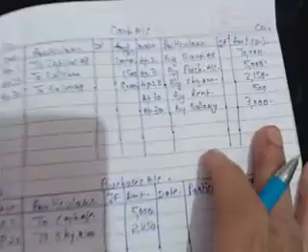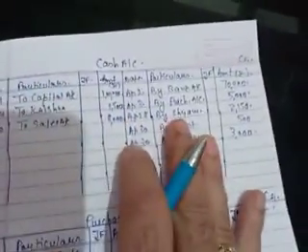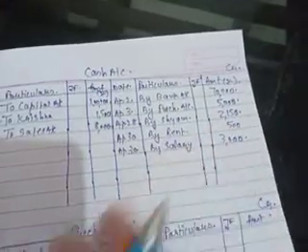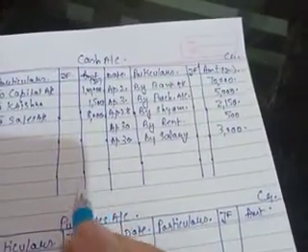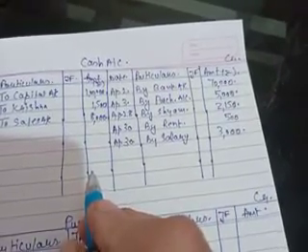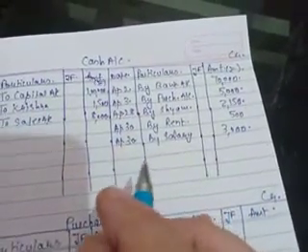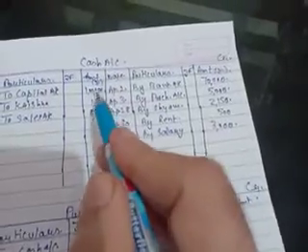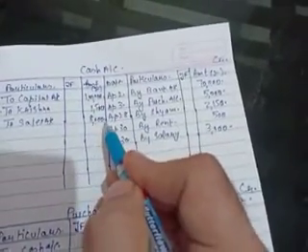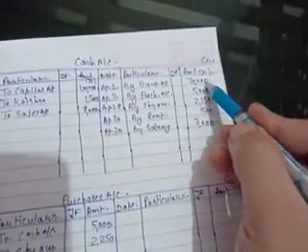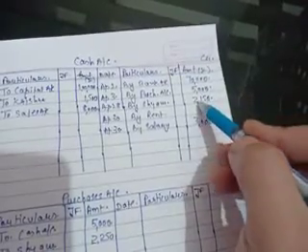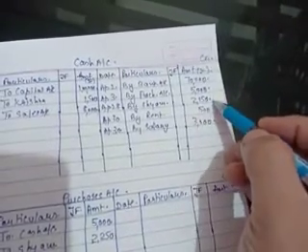Now we will learn how to balance the accounts. We have already posted all the transactions here. How to balance the account? Now see the balancing work. First we will total both the sides. The total of the debit side comes out to be 1,09,500, and on the credit side it is 80,650 rupees.